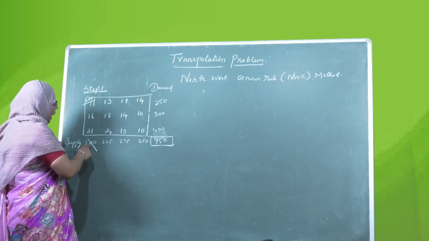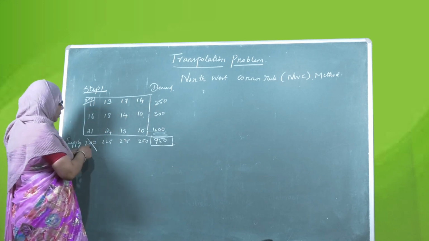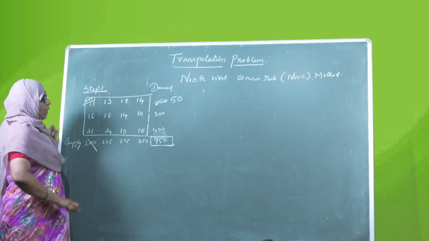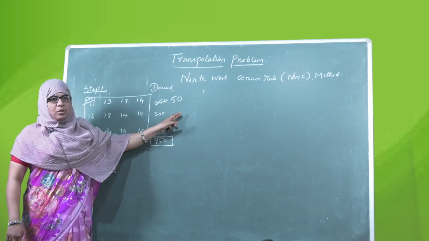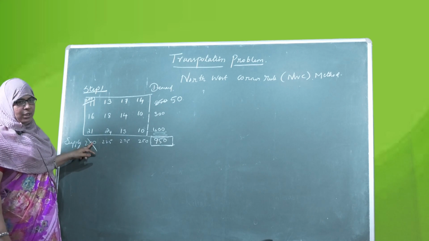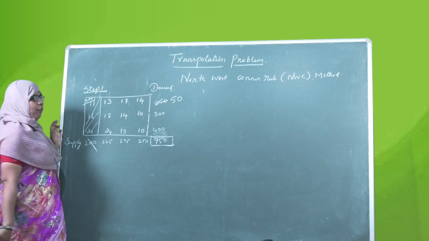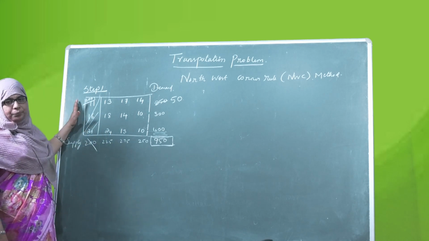Now subtract 250 minus 200, and the remaining is 50. Since 200 is exhausted, the first column completely vanishes in step 1.